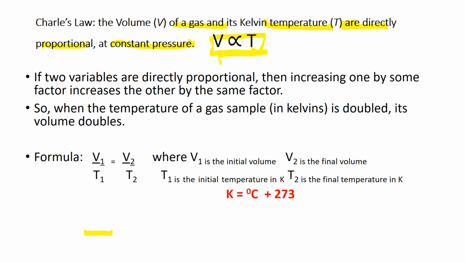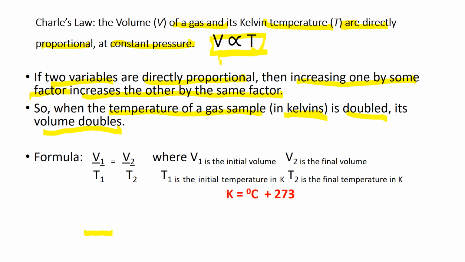Now, if two variables are directly proportional, then increasing one by some factor increases the other by the same factor. So when the temperature of a gas sample in kelvins is doubled, its volume doubles. So that is the meaning of direct proportionality.